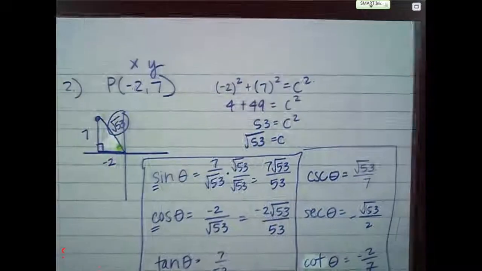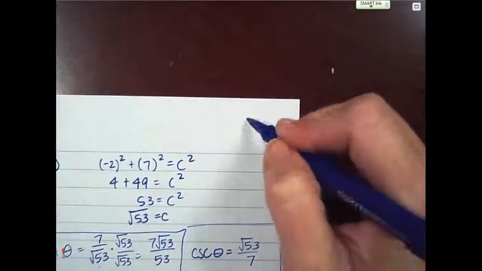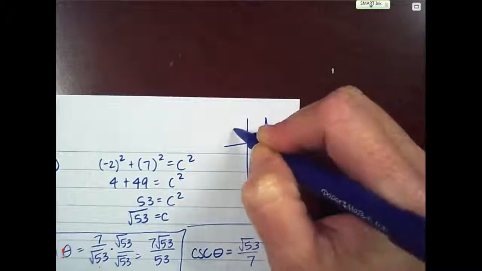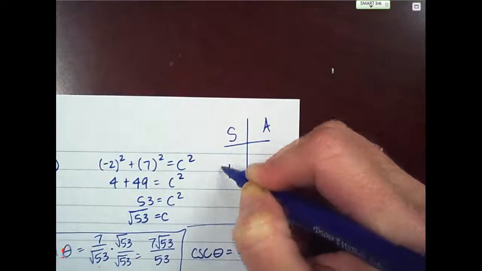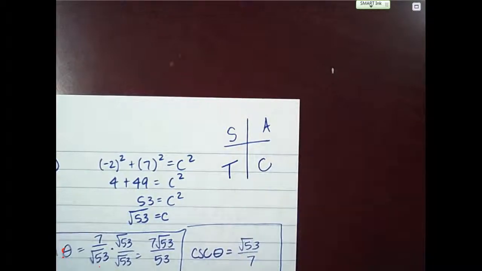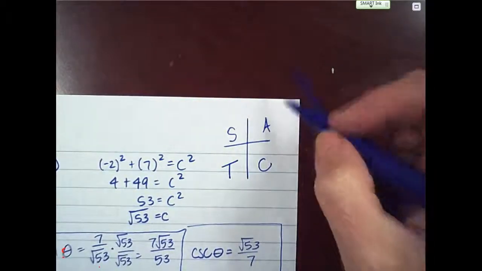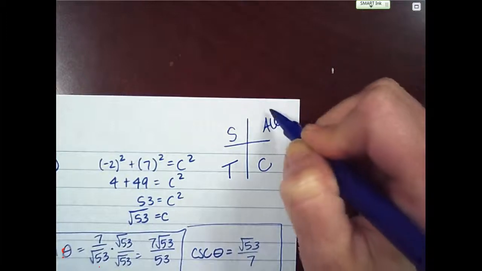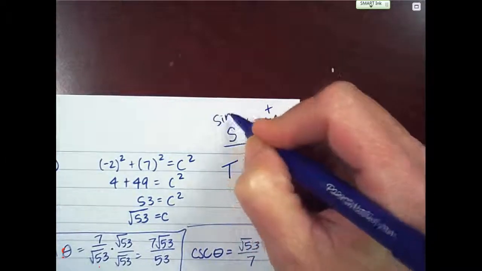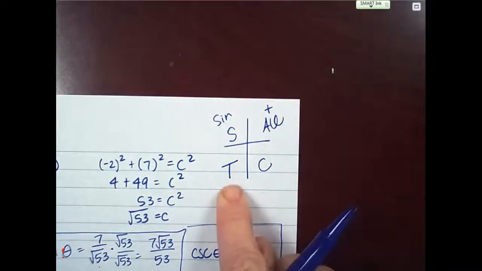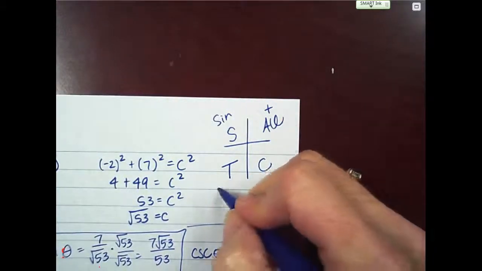There's actually a little saying that you can use, and I'll bring this up again, but it's all students take calculus. There we go. Okay? And here, everything is positive in quadrant 1. Sines are positive in quadrant 2, right? What do you think is positive here?